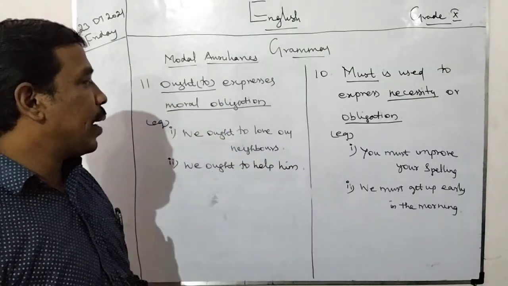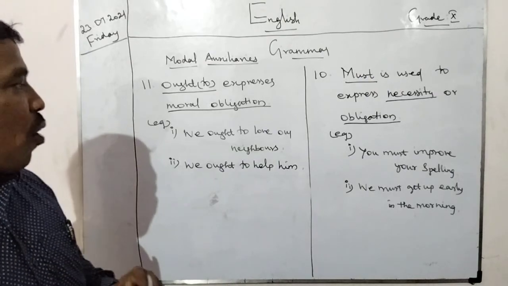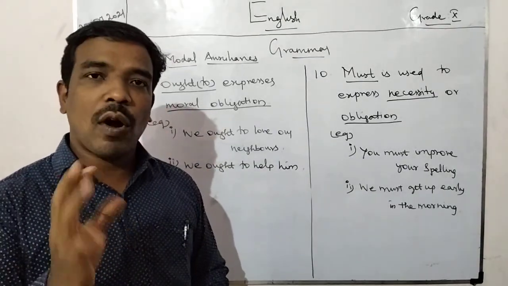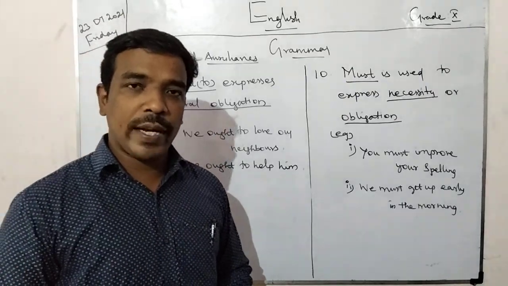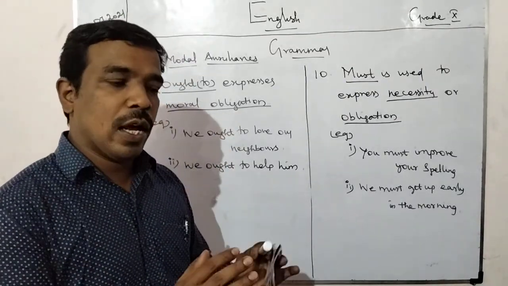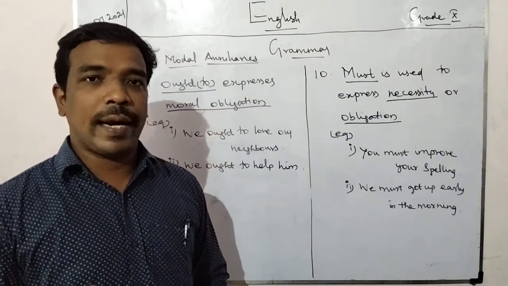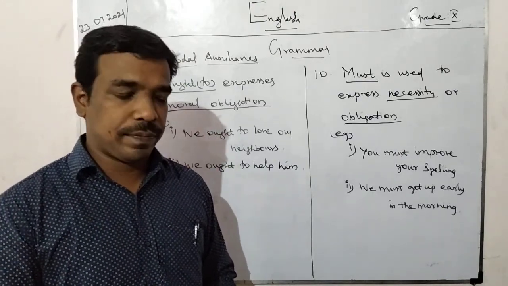You ought to help him. We ought to help poor people. It is not compulsion, it is not in our law, not in our constitution. We ought to help the poor people, but it is our moral compulsion. Have you understood? Right.